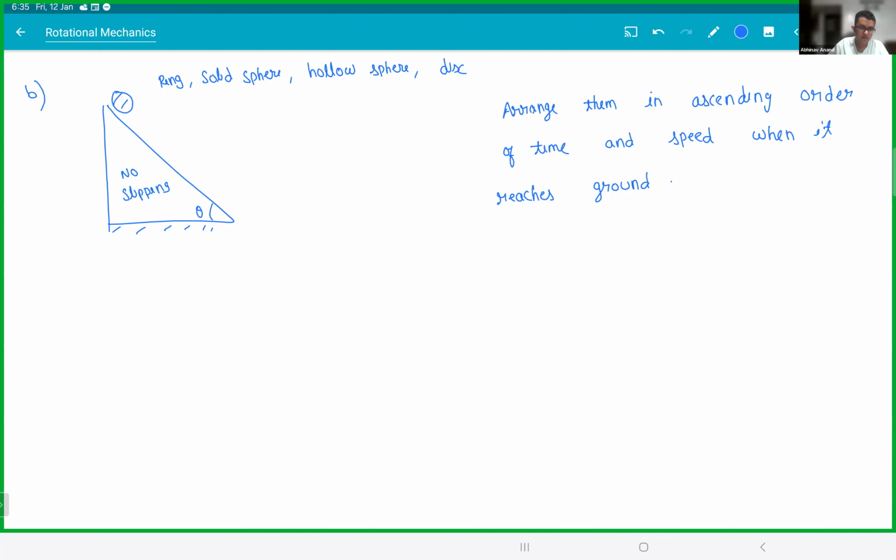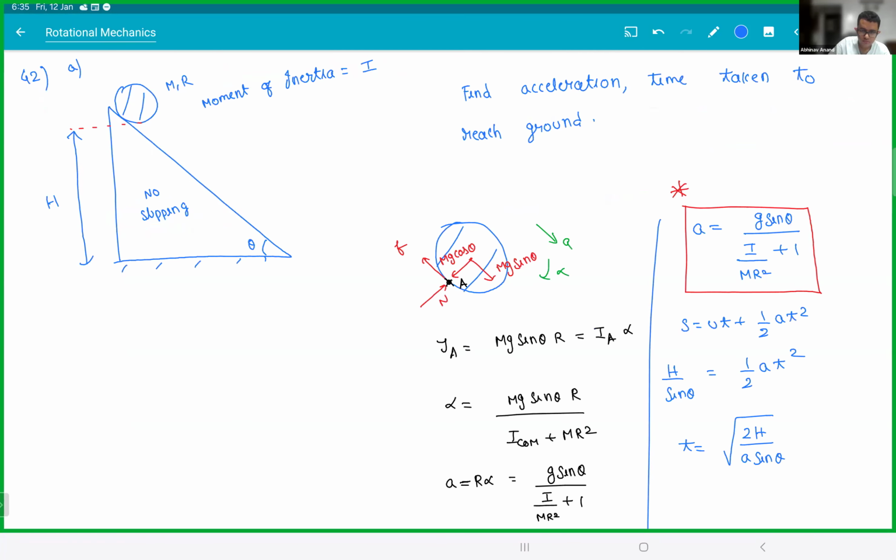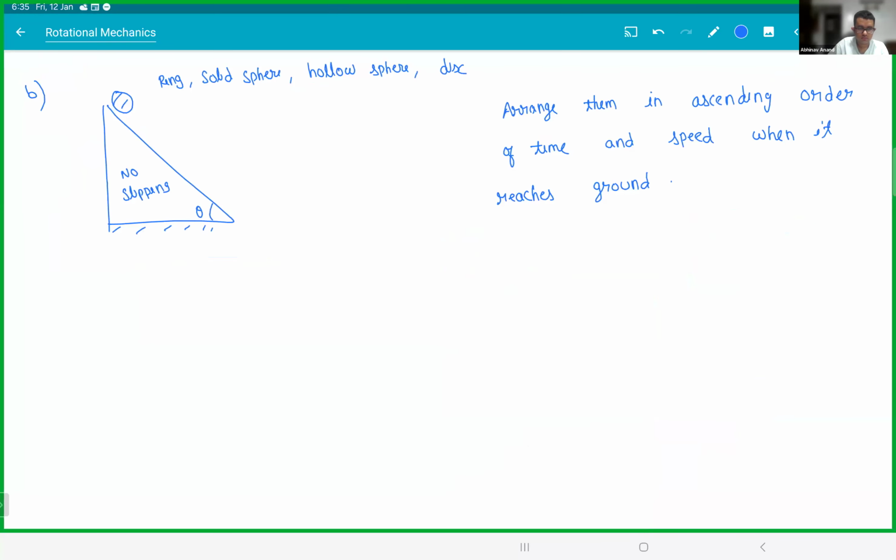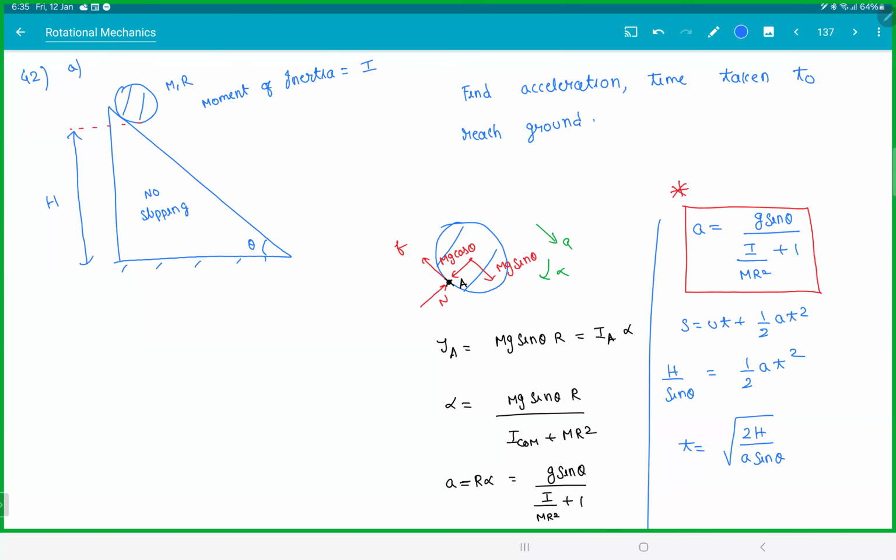Can you go back for just a minute? Yes, definitely. This formula is there. Look, the answer is here only. Yes, I forgot to note it down.